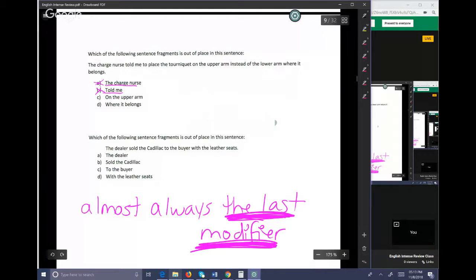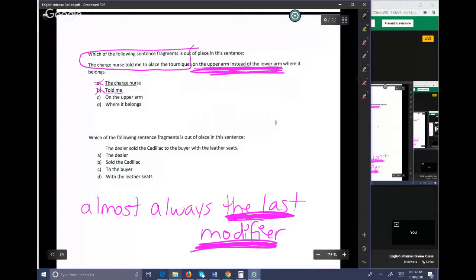So she told me to place the tourniquet, so it's great up to this point, on the upper arm. So we want to place the tourniquet on the upper arm instead of the lower arm. So this is all great. That is clear.